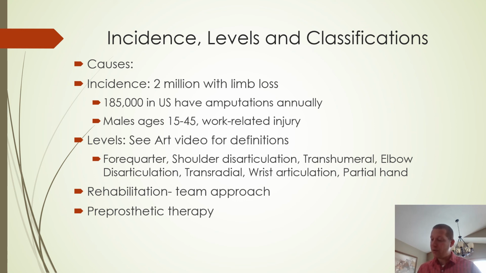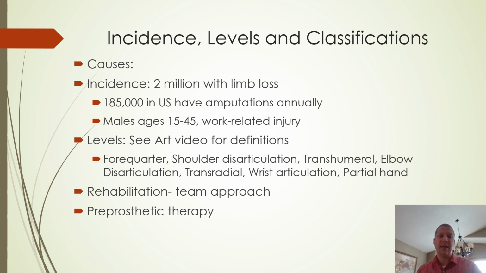And so the rehabilitation of somebody who has an amputation is going to be a team approach. And it's going to happen in stages or in steps. Obviously, if somebody has a traumatic amputation where they sustain some type of an accident and their limb is removed because of that, there's going to be some acute phase where they're going to have to heal.